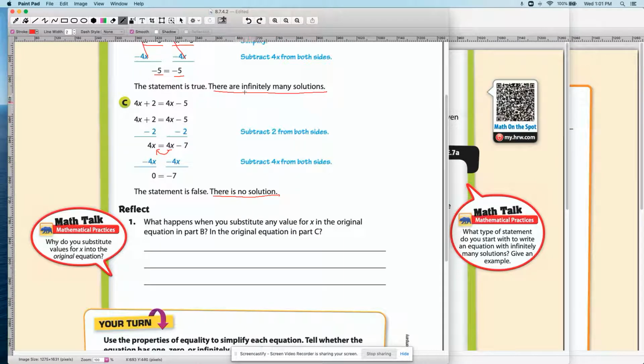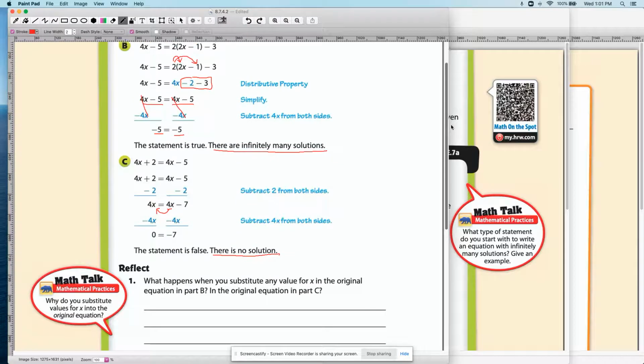So that's part C. Those are 3 different examples of how you would get the different number of solutions with the equations. And the reflection question says, what happens when you substitute any value for x in the original equation in part B?